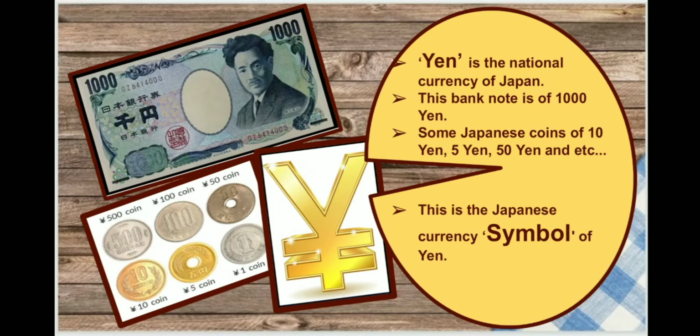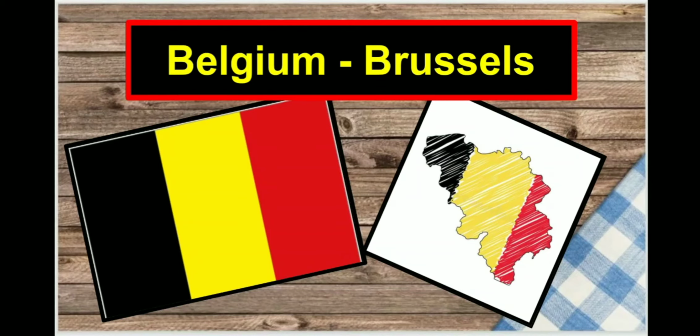These are yen, 5 yen, 50 yen. And the symbol of Japanese currency is yen. You can see the symbol. Next, Belgium, and its capital is Brussels.